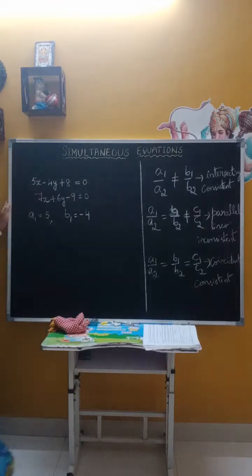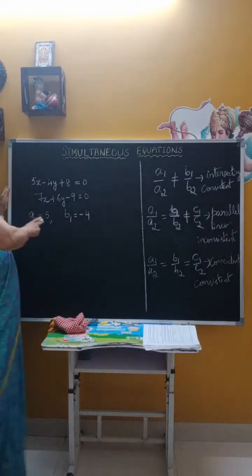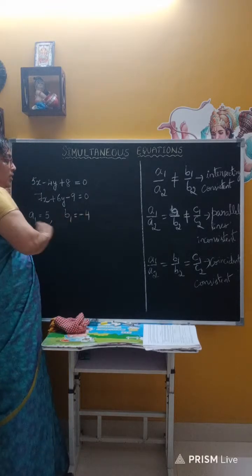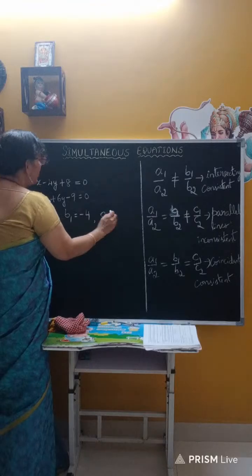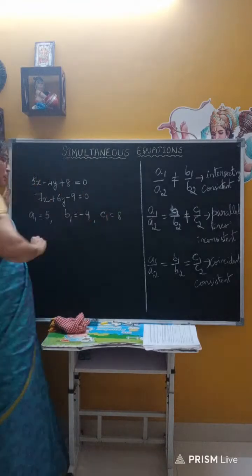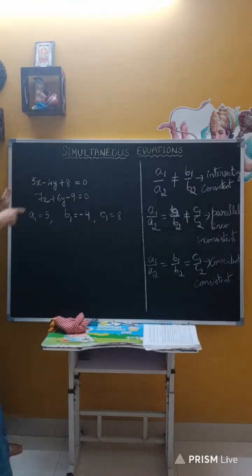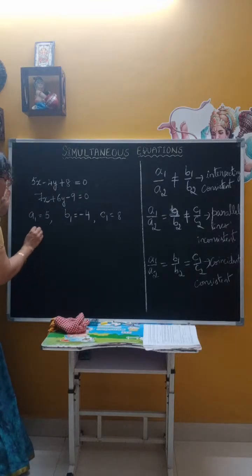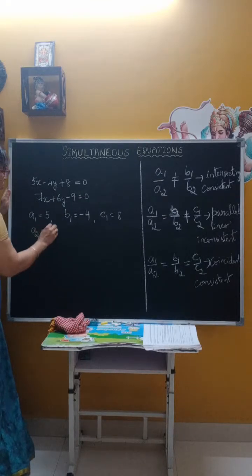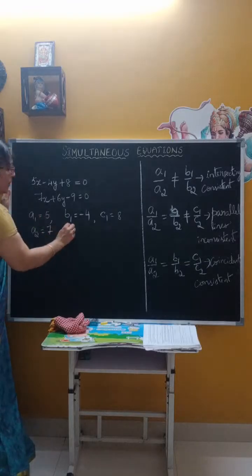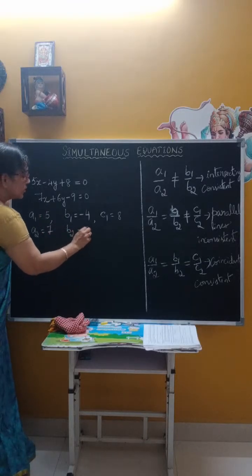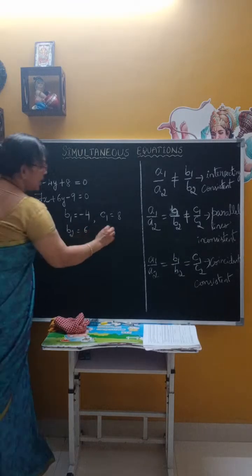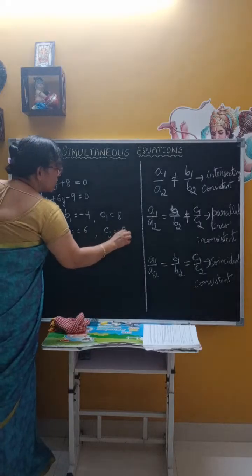Don't forget about the sign. a1 is equal to 5, b1 is equal to minus 4, and c1 is equal to plus 8. This is for the first equation. Now for the second equation, a2 is equal to 7, b2 is equal to 6 and c2 is equal to minus 9.